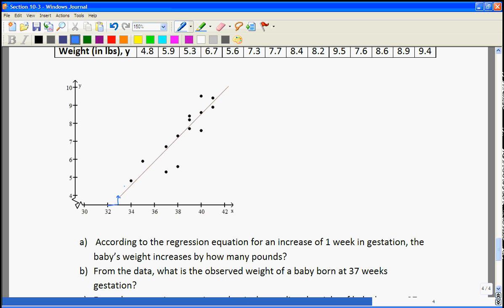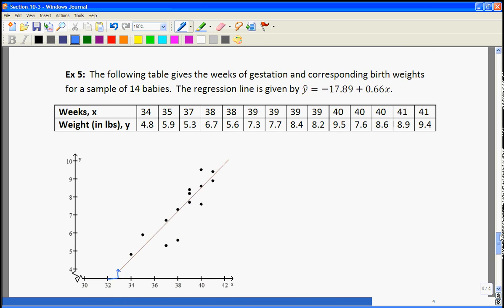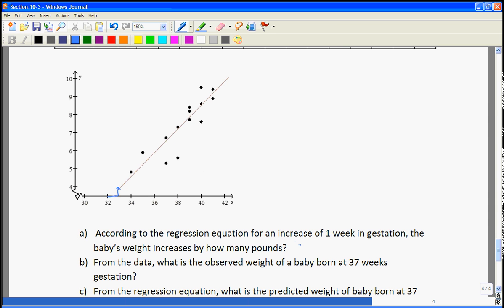Well, really, all that's asking is, what's the slope? And the slope is sitting right there for us next to x, so that is 0.66 pounds, or about 2/3 of a pound. Of course, this doesn't happen with every baby or every pregnancy, but the general trend is for every week that the baby stays in its mother's womb, it's going to gain about 2/3 of a pound.